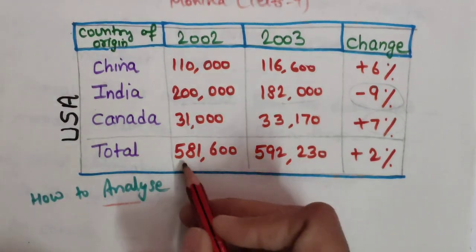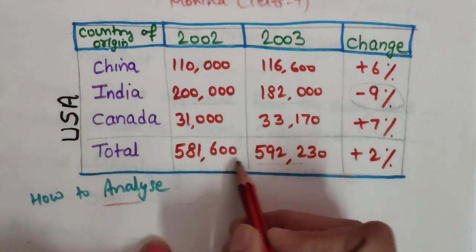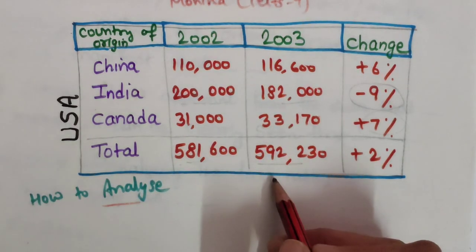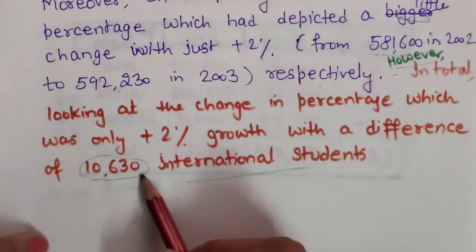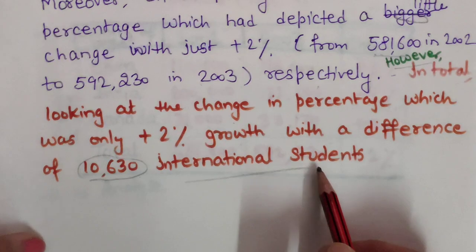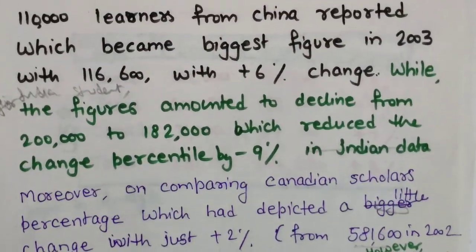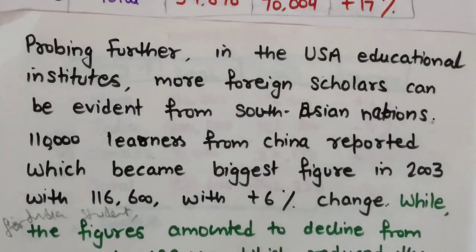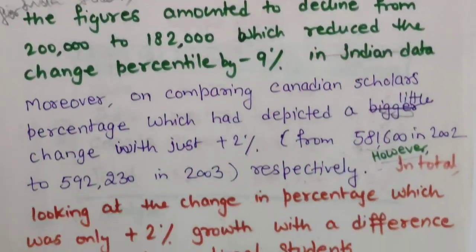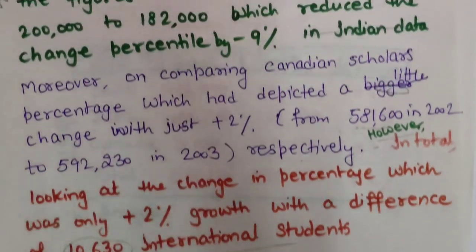I have just subtracted this from this figure, and the total is only with a difference of 10,630 international students. So how I have explained, you can also explain writing task 1. See this number 2 paragraph, body paragraph 4, number 2 chart.